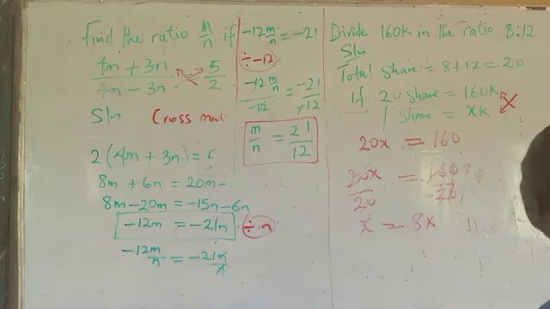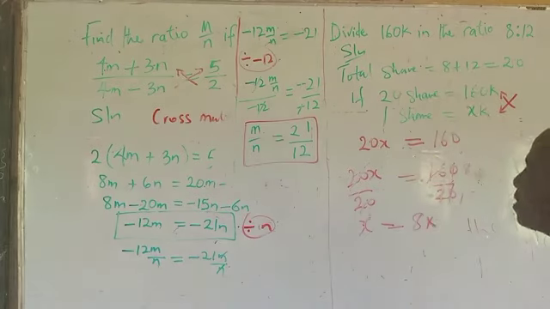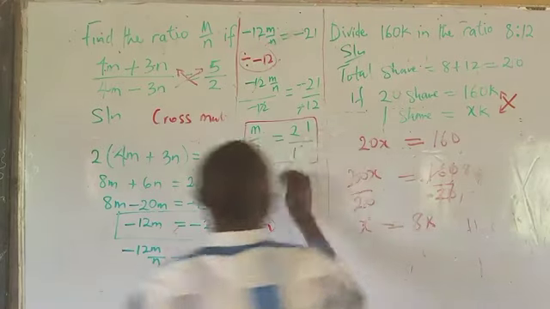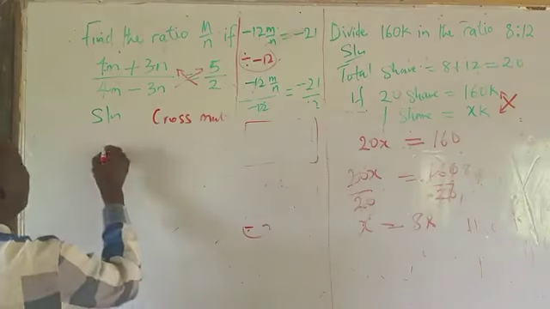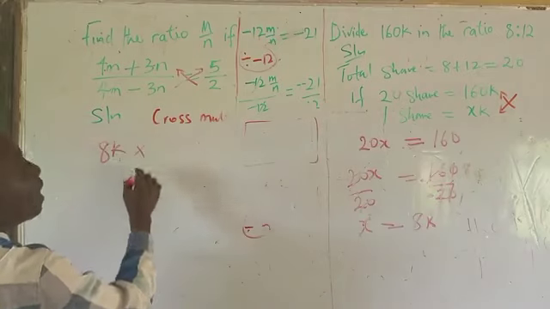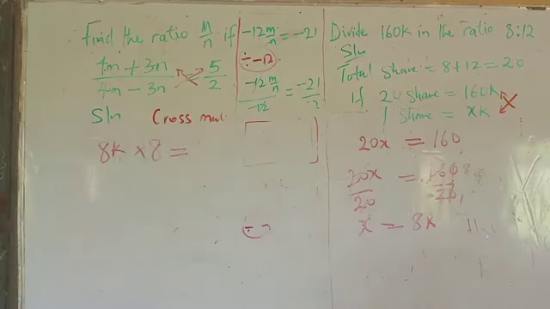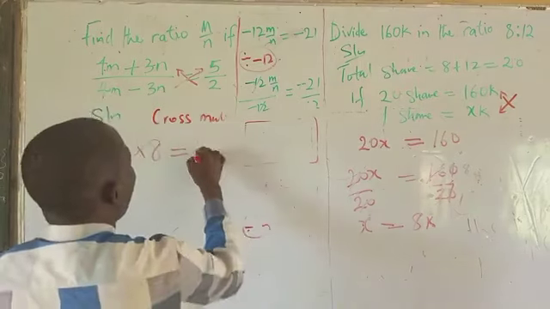If we have x to be 8 kobo, what will now be the share for 8 shares? How many of the 8 kobo will be for 8? That is to say, let's come over here. We can say 8 kobo times 8 shares, which is 8 times 8, will be 64.